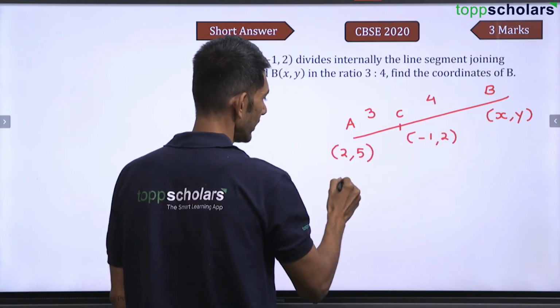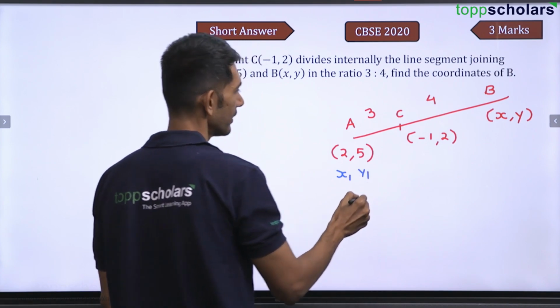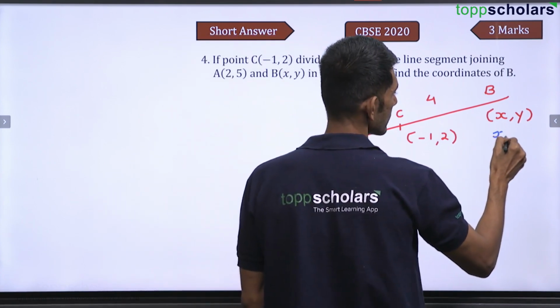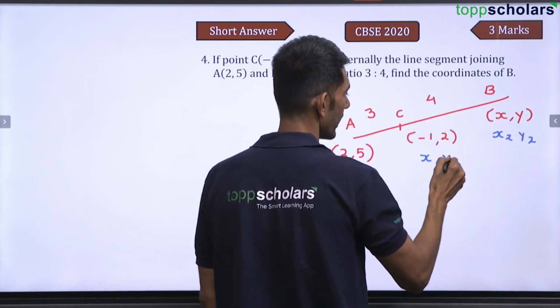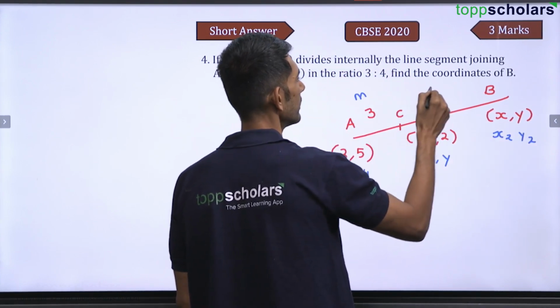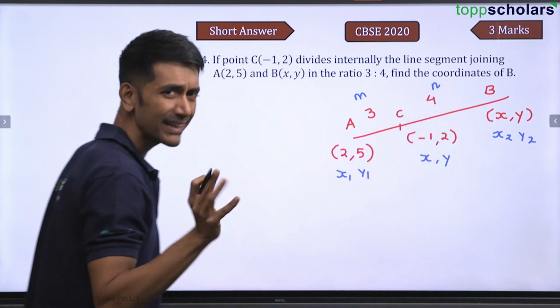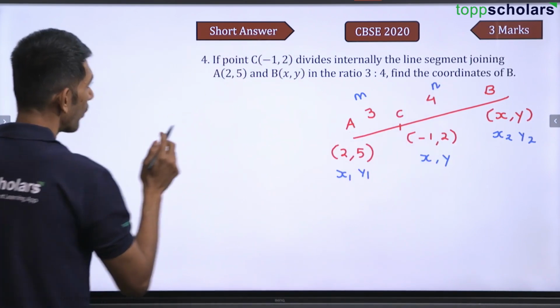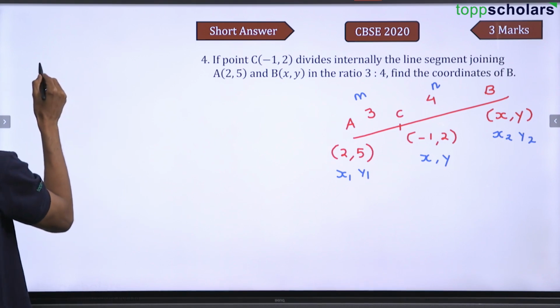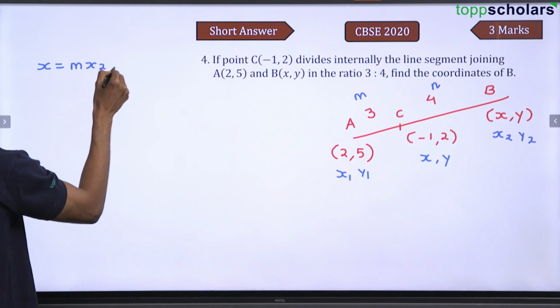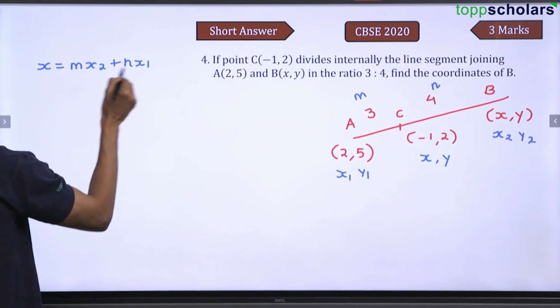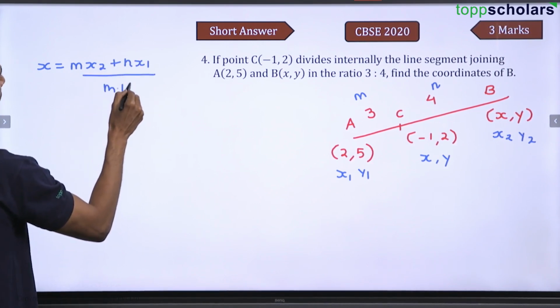So here there is 3, here there is 4. So this is x1, this is y1, this is x2, this is y2. In the middle you have x, y, and this is m, this is n. You can also take m1 and m2. That's okay. Now what is the formula for x? We know that x is given by mx2 plus nx1 by m plus n. This is the formula.